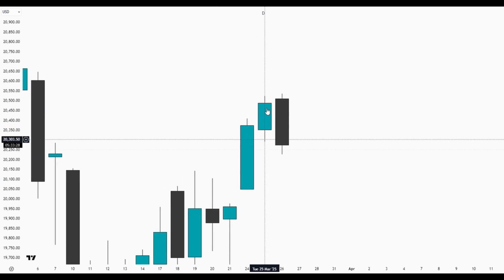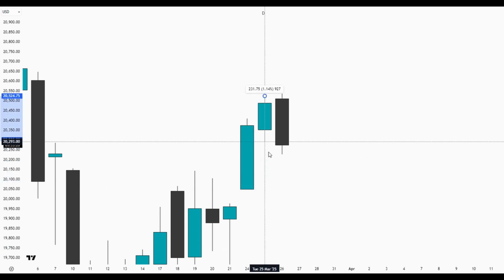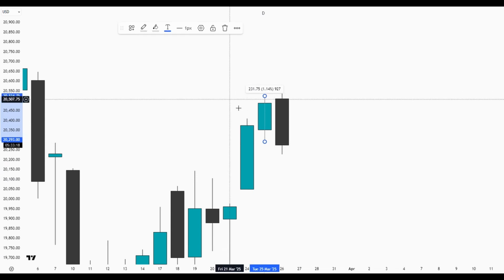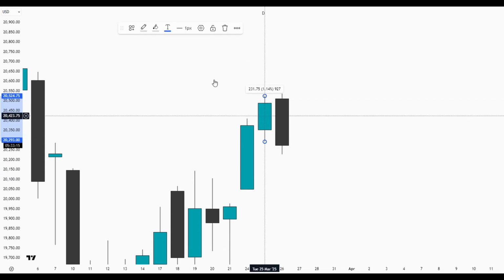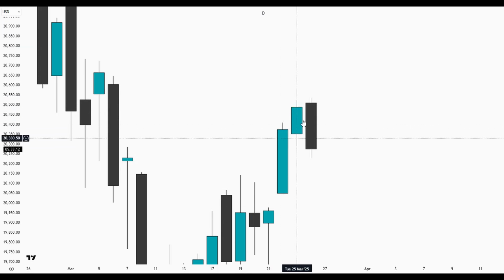Tuesday's candle was weaker than Monday's candle. As you can see, Monday 359 points, Tuesday 231 points. So you can kind of see a weakness in the second candle.